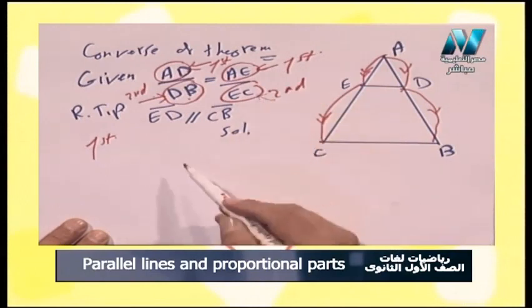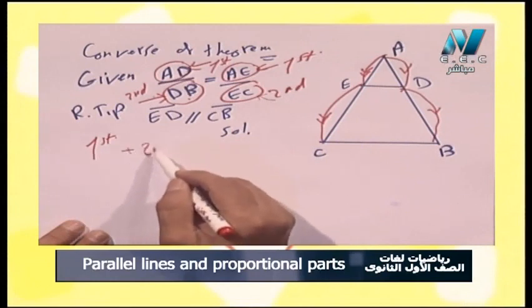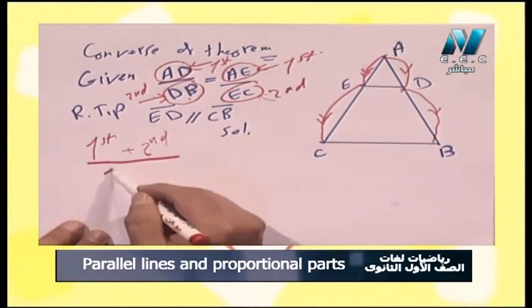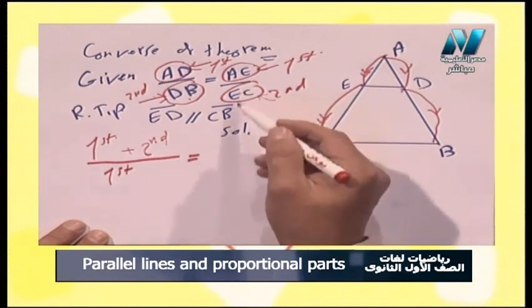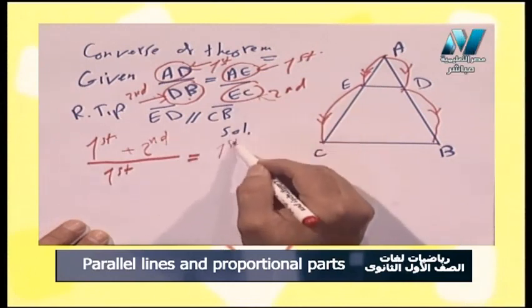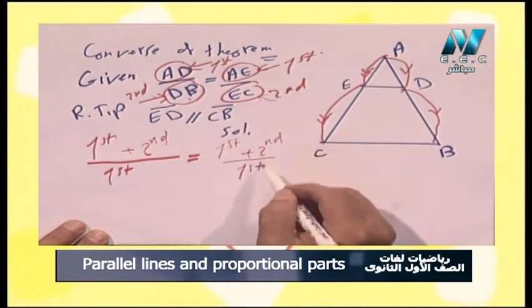From the ratio properties, we can write first plus second term over first term. It will be equal, from the other ratio, to first term plus second term over first term.